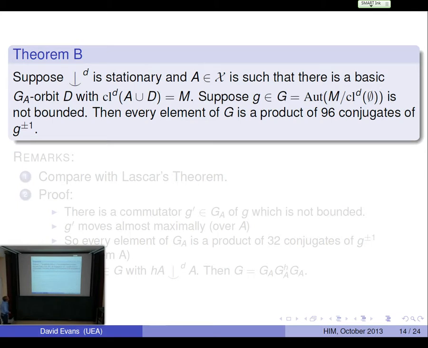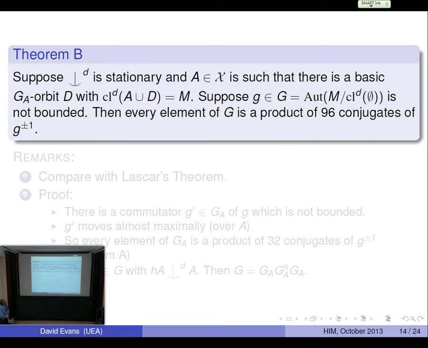Theorem B here is what you get out of Theorem A in this context. Suppose you've got a dimension function D, and this corresponding notion of independence is stationary.